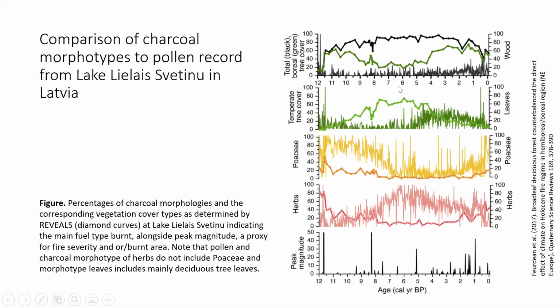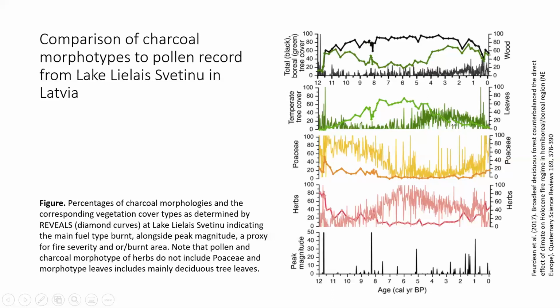So we can see from here that this burnt material goes quite well together with the amount of the reconstructed vegetation cover. And also you can see that there's more burning.